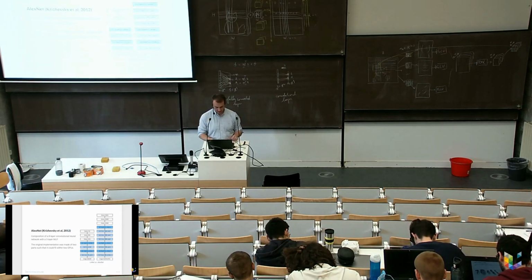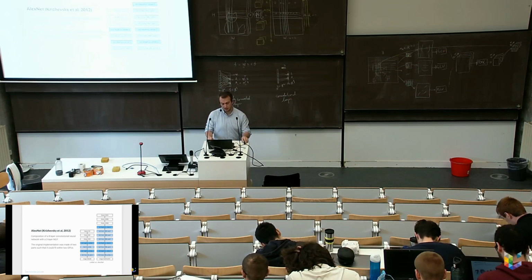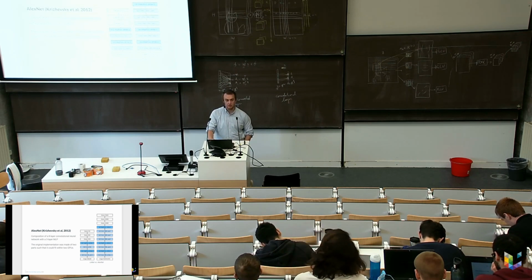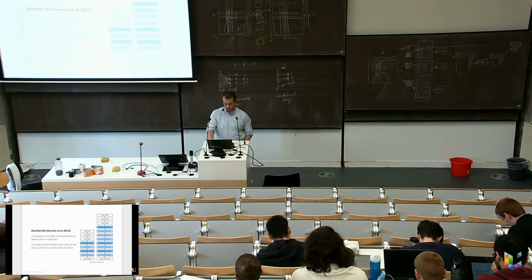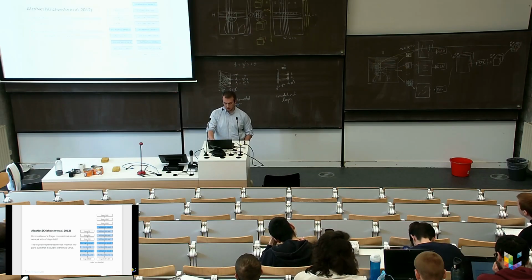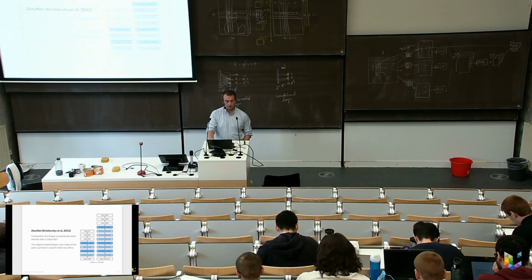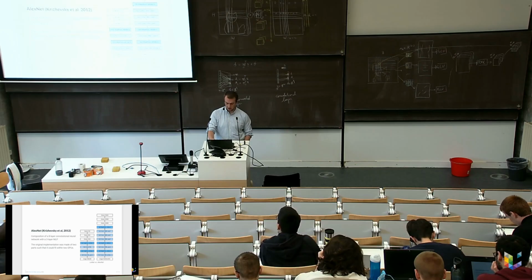Okay, let's move on. AlexNet. AlexNet is an architecture which was proposed in 2012. It's quite famous because it won an important challenge in computer vision, the ImageNet challenge, and it won this challenge by quite an improvement from one year to the other. It was also the first time a computer vision benchmark was really beaten by a pure neural network approach.